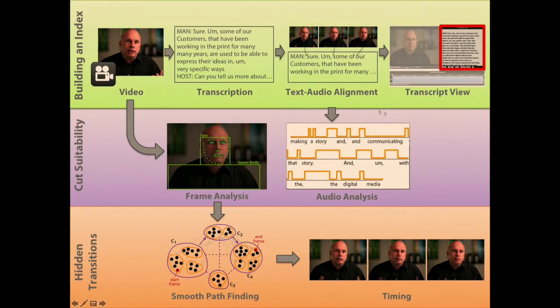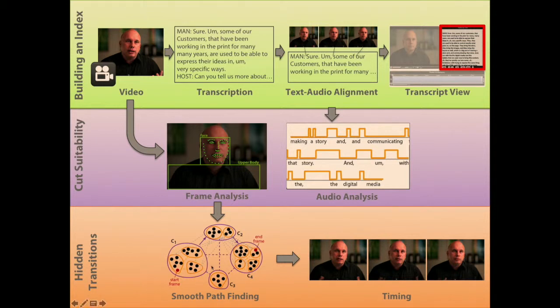And then we have our own tools that will time align that text to the speech. Okay, and that's what gives us the transcript view over on the right. And then here in the middle, we're analyzing the video frames. We're looking for places where the person is silent, places where the person is not moving around too much. Those indicate good places to cut, and that's how we get those vertical blue bars.